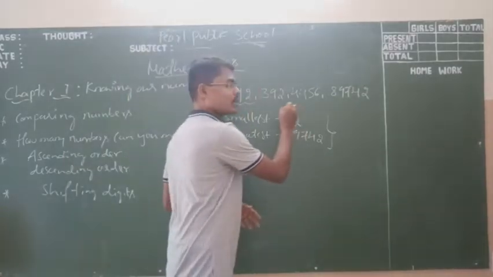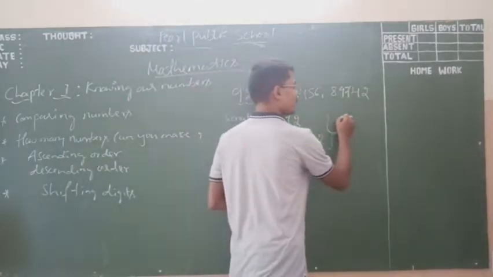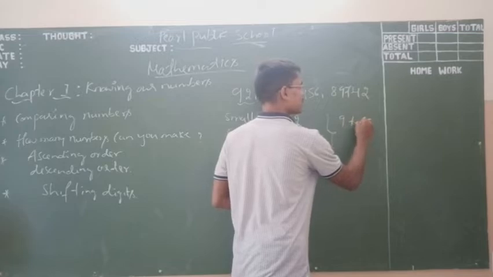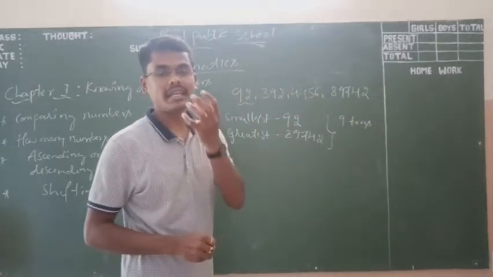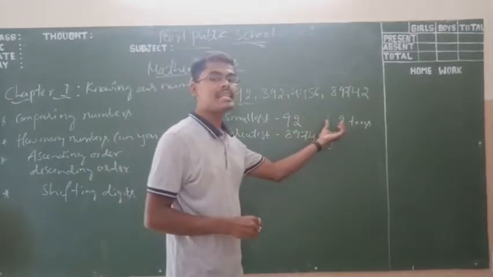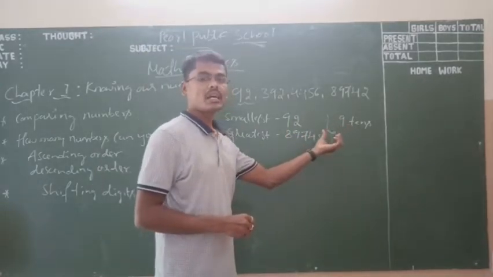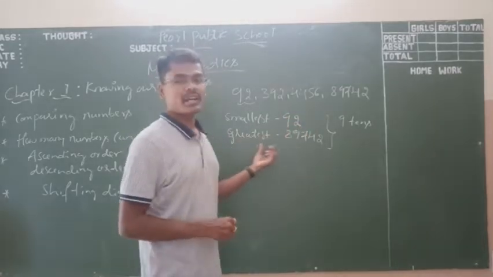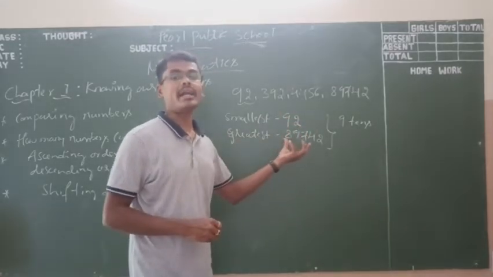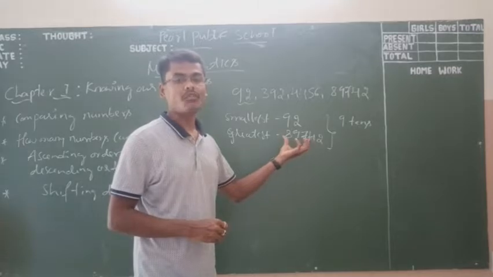For the number 92, we have only 9 tens. Nothing but in the tens position, we can see only 9, and moreover this is a 2-digit number. When we come to the greatest number here, it consists of 5 digits.